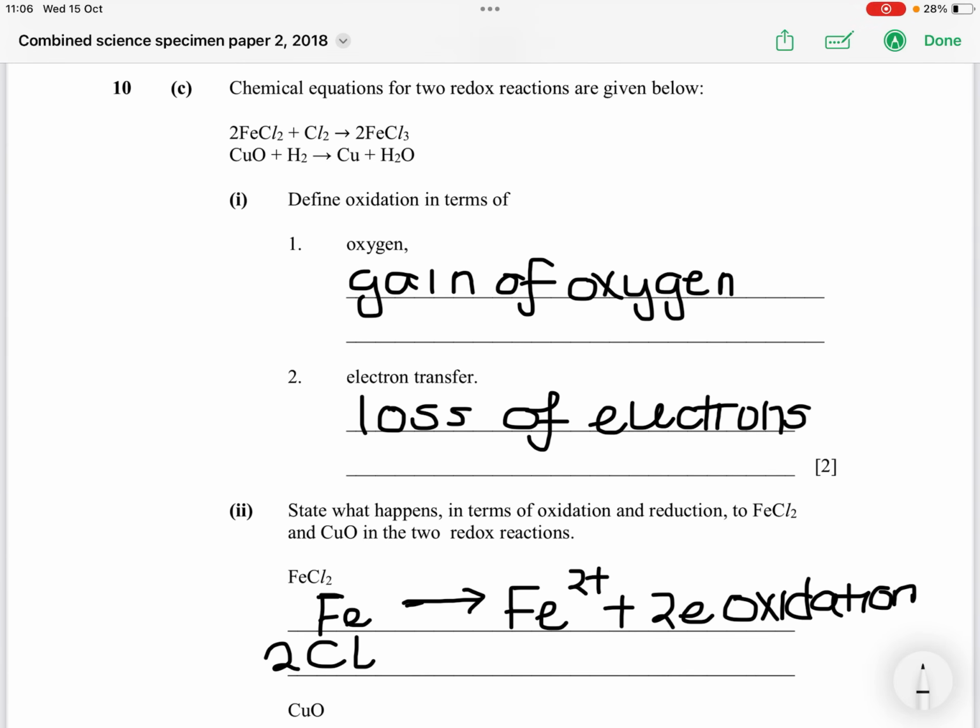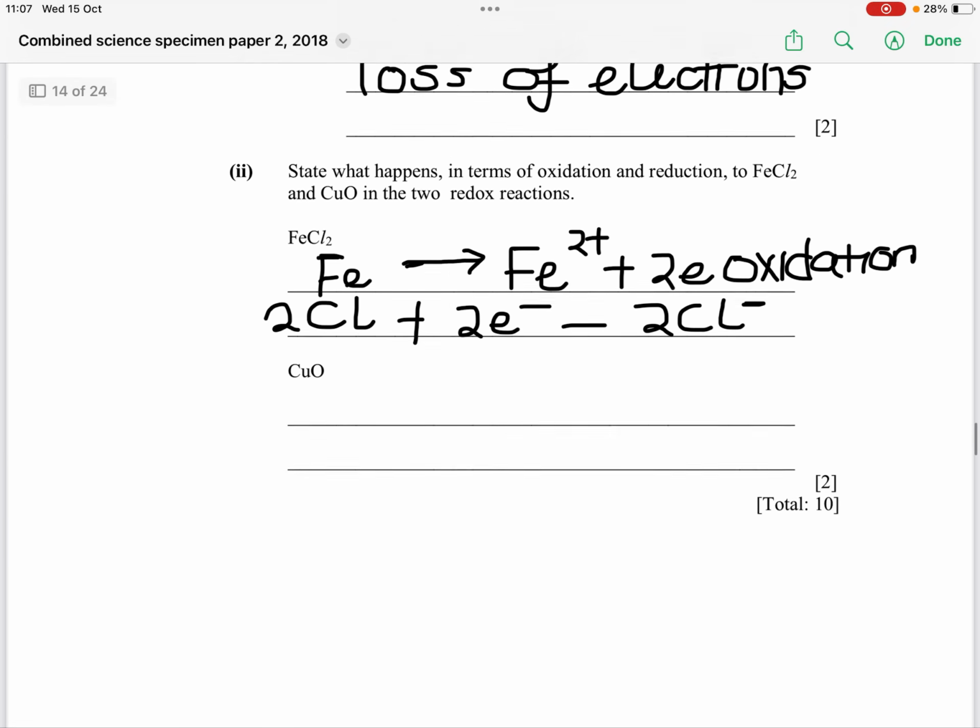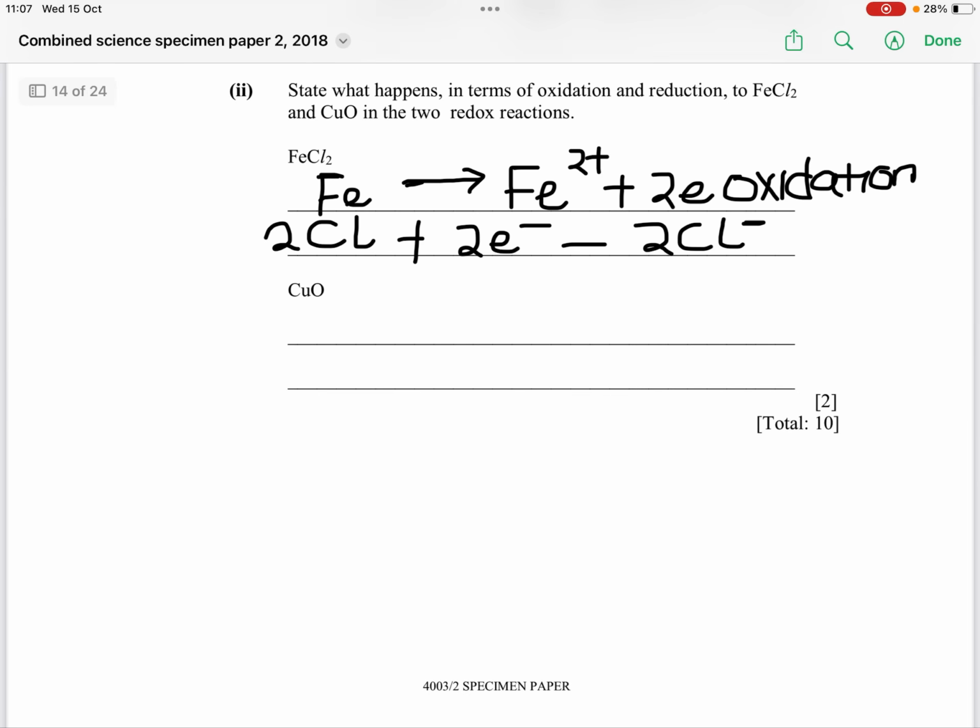So when we are writing what has happened to chlorine, we say 2 chlorine plus 2 electrons in order to get 2 chloride. So on iron we have the oxidation, and then on chlorine we have the reduction, right? And then we need to proceed to copper oxide, right?